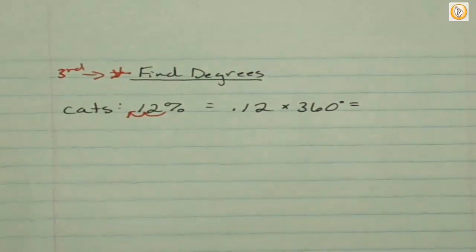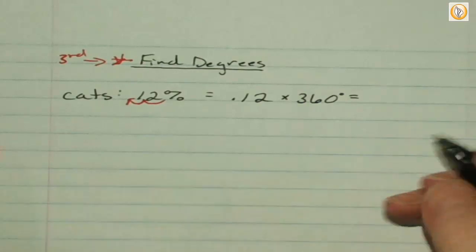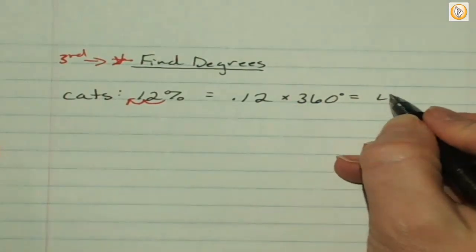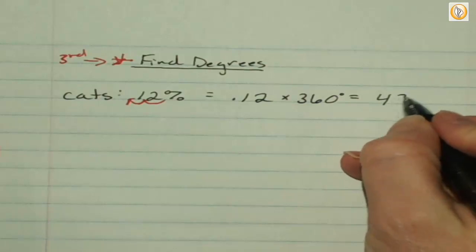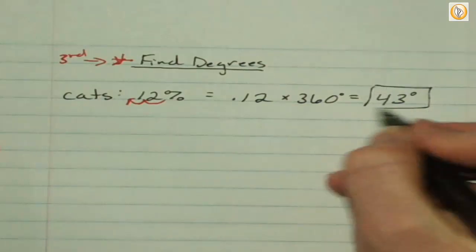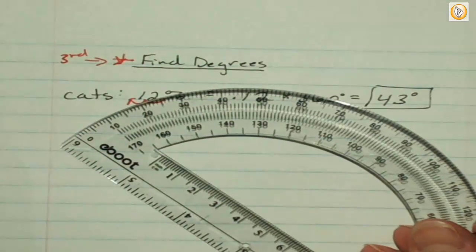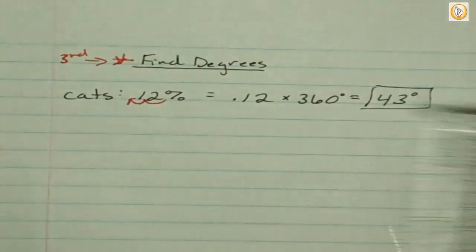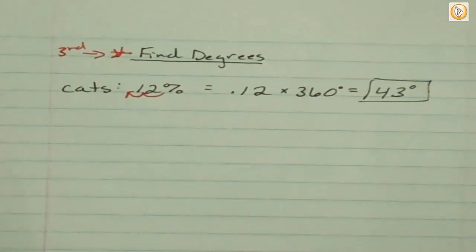Atalia, do the math and tell me what you get. You get 43.2. Round to the nearest whole, 43 degrees. That's how big, and you'll use the protractor to find out how big the cat pie piece is. We'll show you.